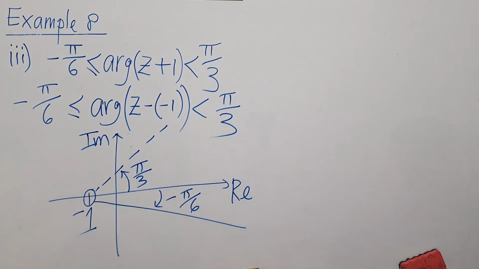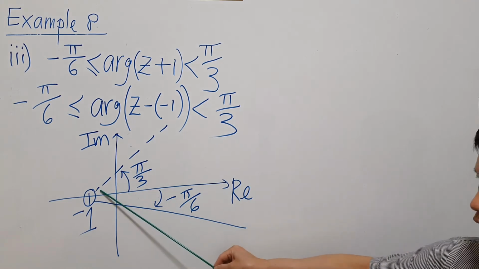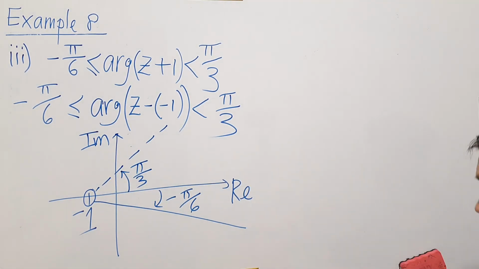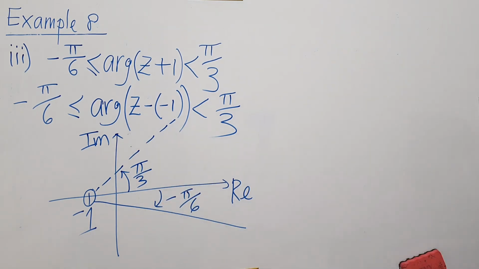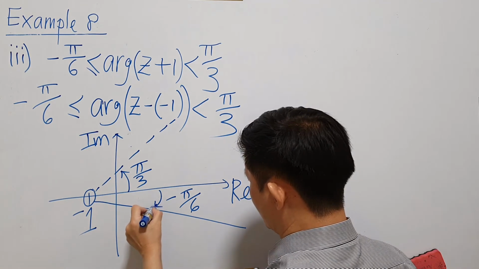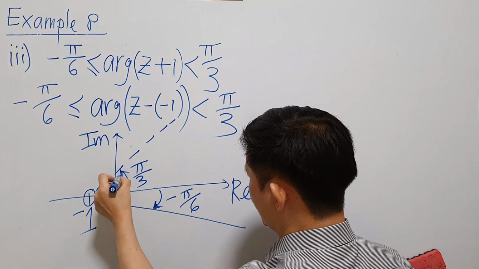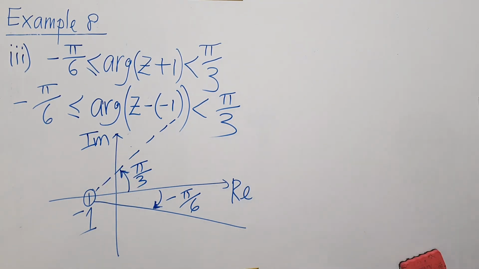You want to realize that once again, when this is a strict inequality, it is dotted. Dotted line to represent strict inequality. Then you want those points that are in between these two half lines. How do you indicate those points within these two half lines?